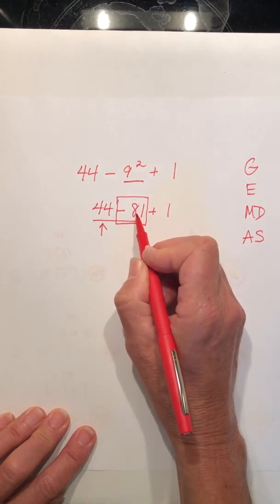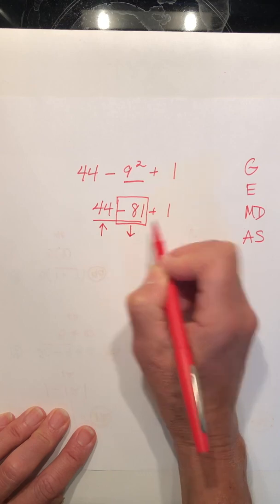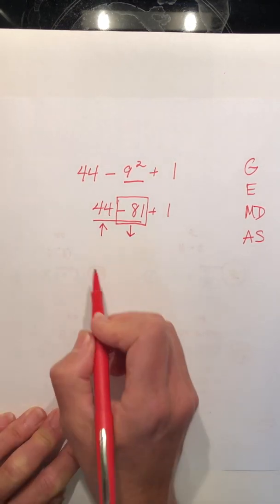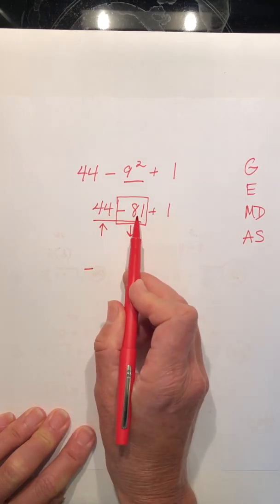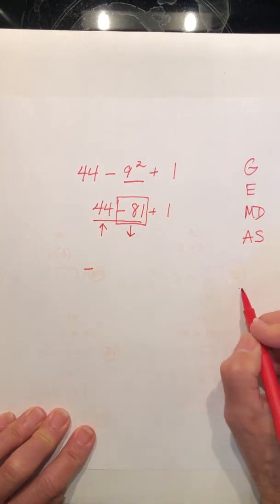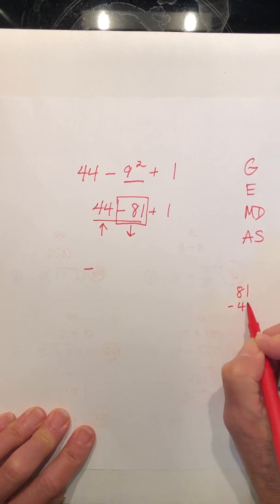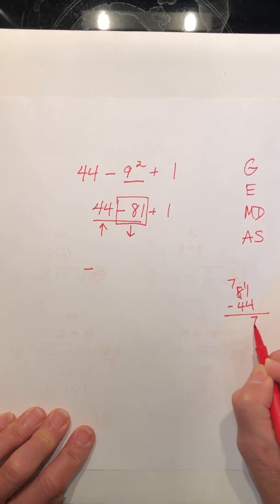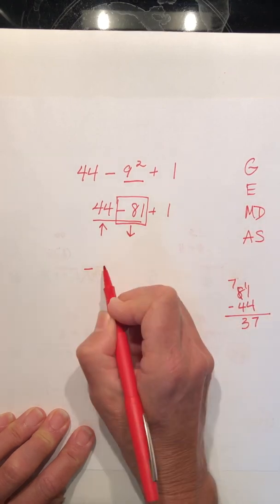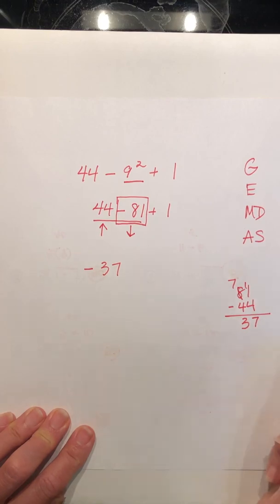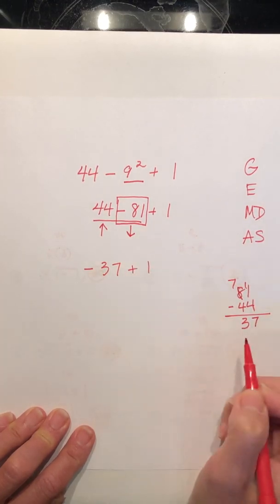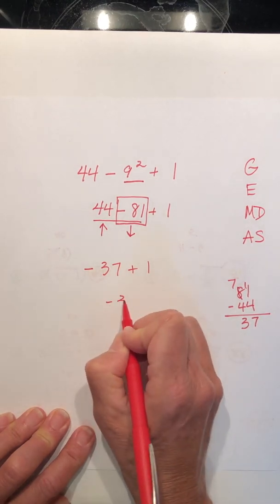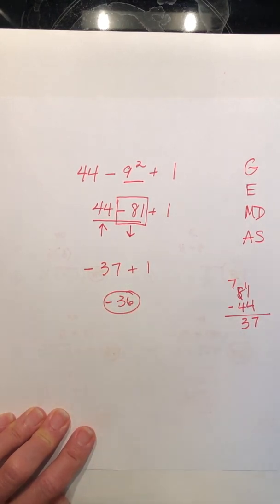The negative 81 is the dislikes. So we know it's going to be a negative answer because there's more dislikes than likes. So I am ready to subtract. And then I've got negative 37 plus 1. That plus 1 means I'm moving to the right on the number line. So the final answer there is negative 36.